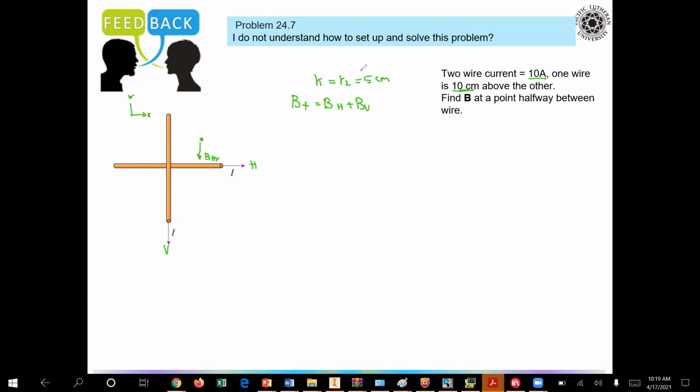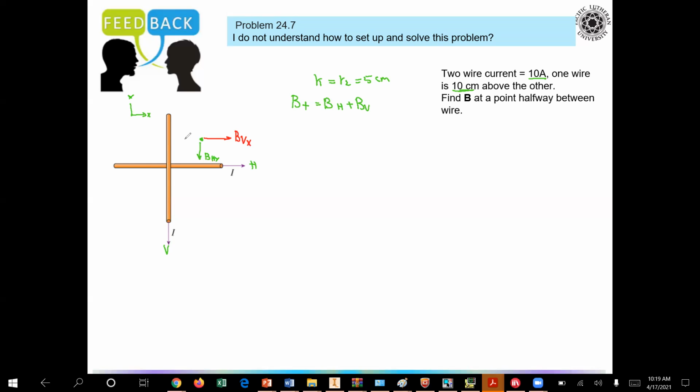Let's do the same thing for the second wire, the vertical wire. I put my thumb pointed along the current, pointed down, and my magnetic field will point toward this direction. So let's call it B vertical, but this component is in the X direction.